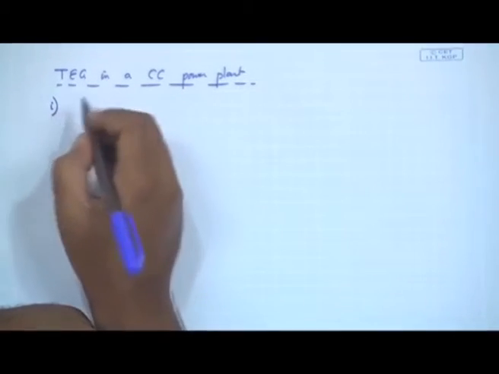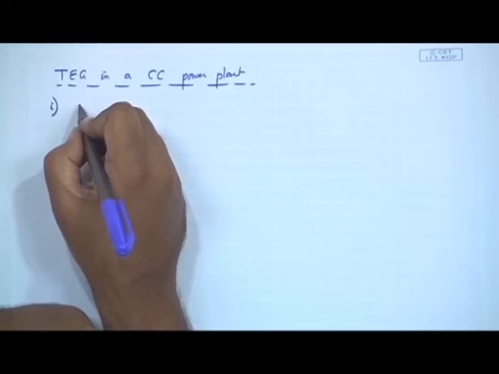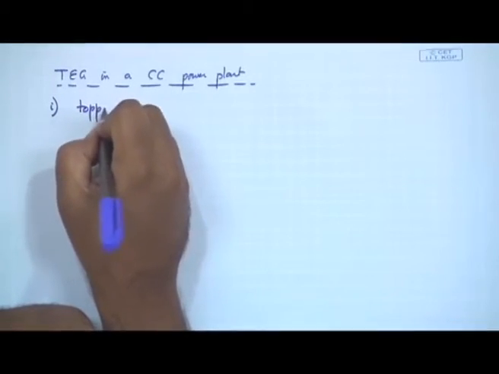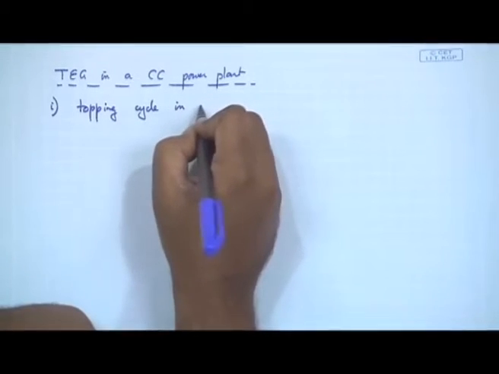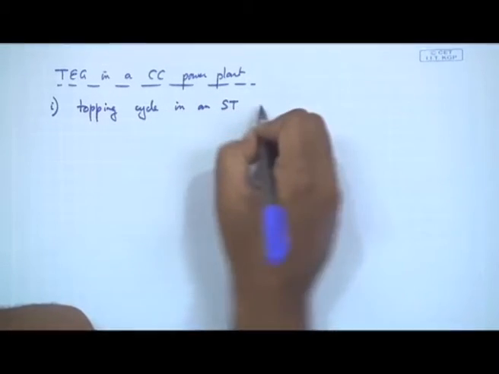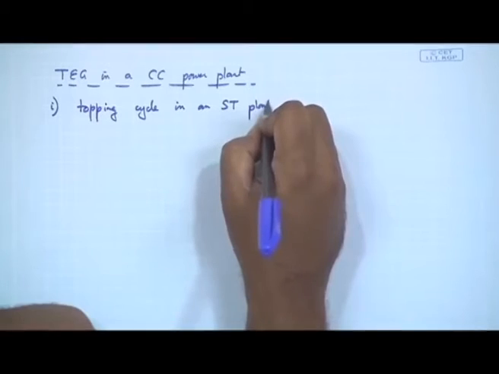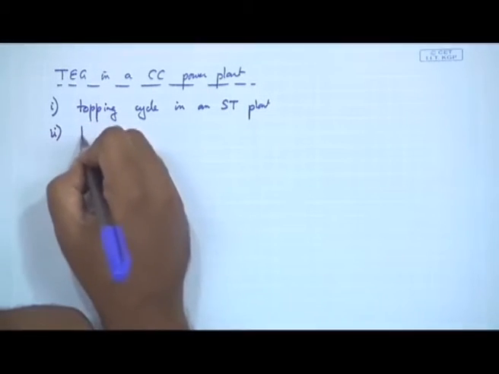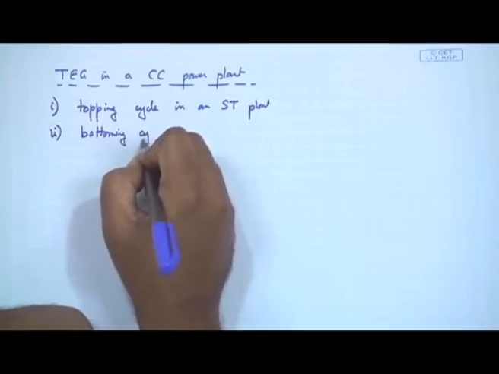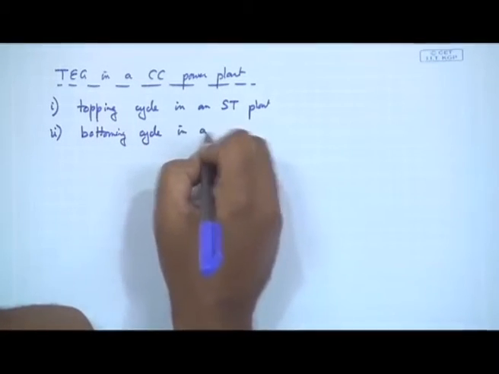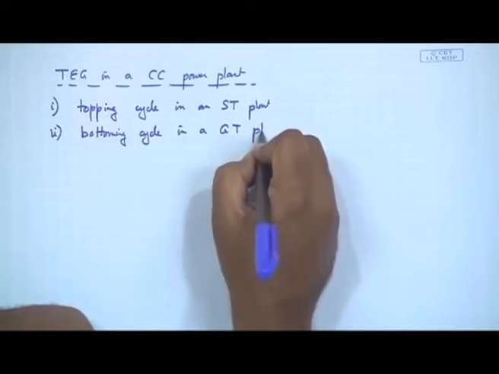These are just passing remarks. Okay. It can be used as a topping cycle in an ST plant, in a steam turbine plant, or as a bottoming cycle in a gas turbine plant.